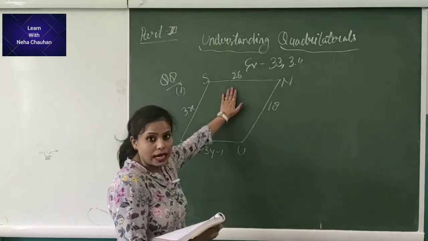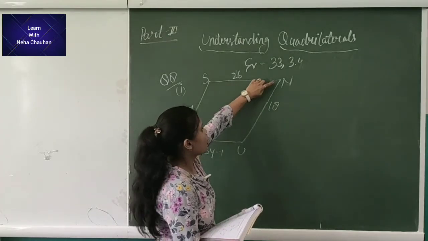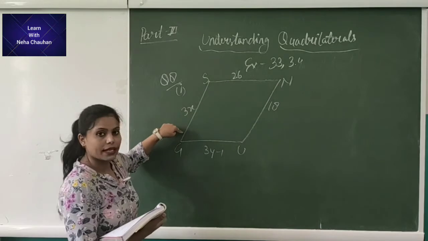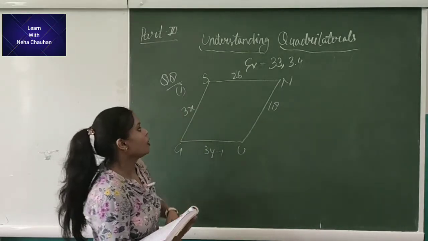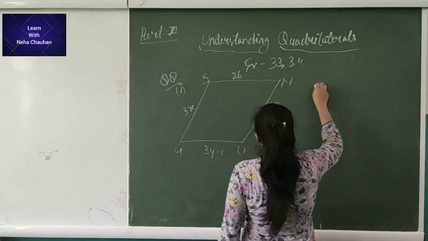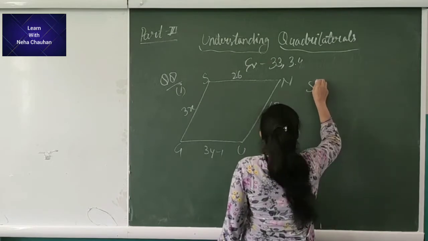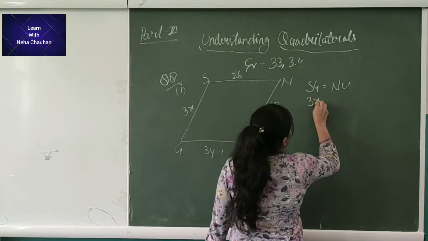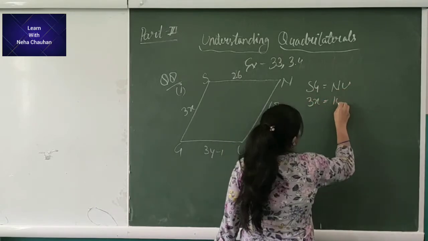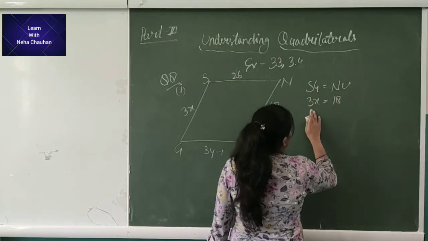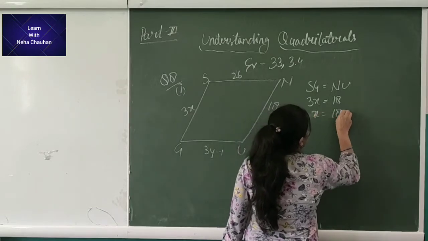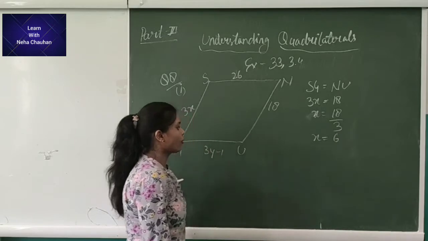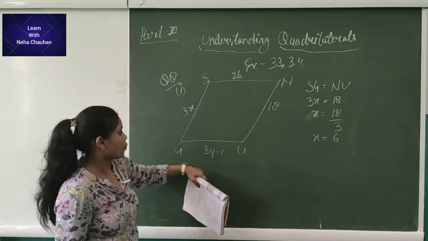We know that a parallelogram has a property that the opposite sides are equal in length. Alright. So, we can say that SG is equal to NU. So, SG is 3x, NU is 18. So, x is equal to 18 divided by 3 and we will get x is 6. Now, we will find out y.